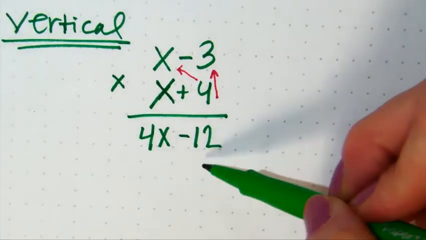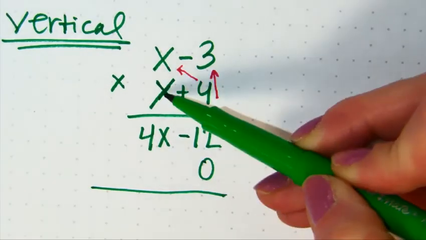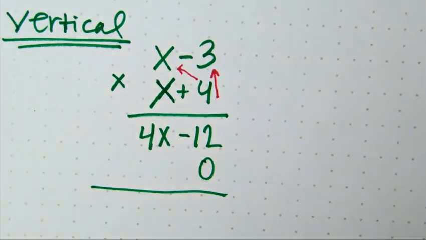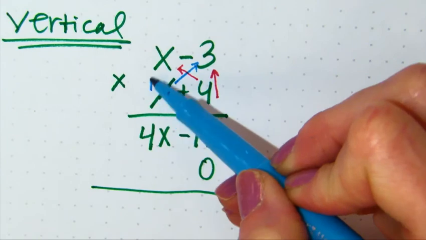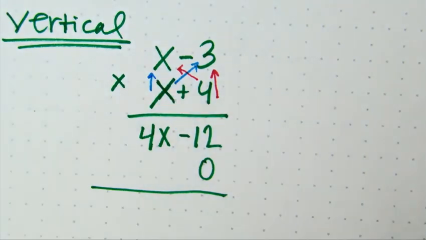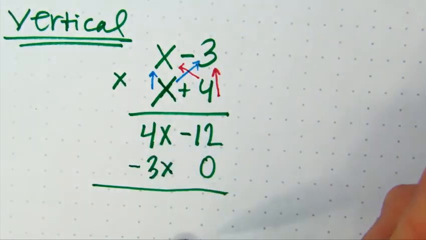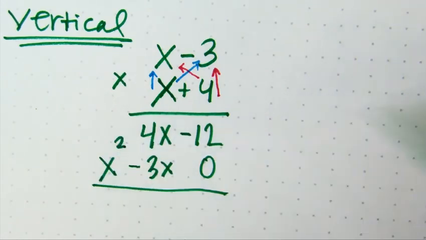And then we put a placeholder down because now I'm to my next kind of place value. So then I would take x times -3 and then x times x. So it's the same kind of algorithm. So x times -3 is -3x. X times x is x squared.